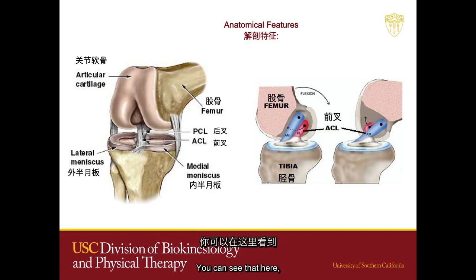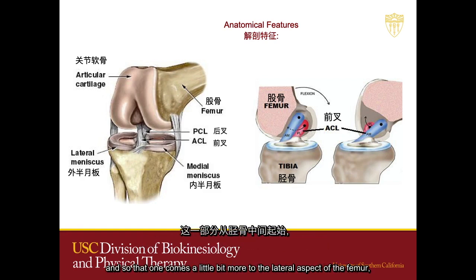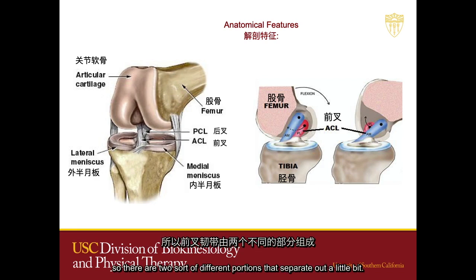You can see that here. On the right, you'll see the PL, the pink-colored ACL portion. That one comes a little bit more to the lateral aspect of the femur from the middle of the tibia. So there are two different portions that separate out a little bit.